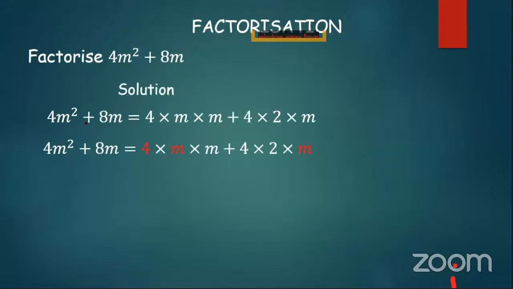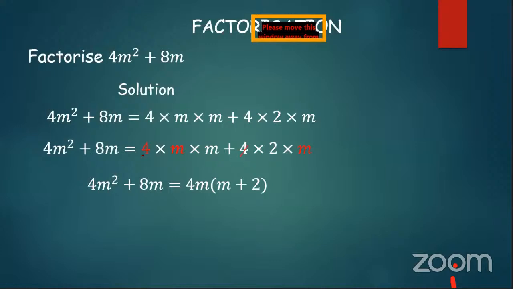So we shall say 4m squared is the same as 4 times m times m. 8m is equal to 4 times 2 times m. So the common factors would be 4 and m. So we write it once outside, then here we remain with m, and here we remain with the 2.